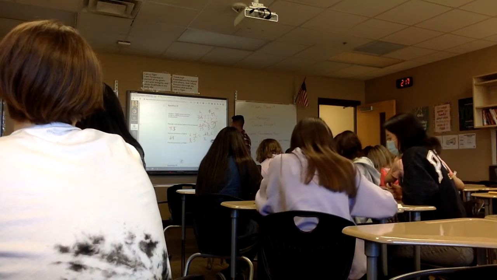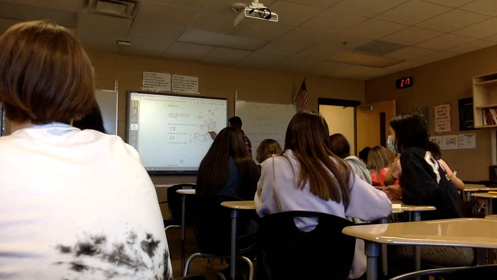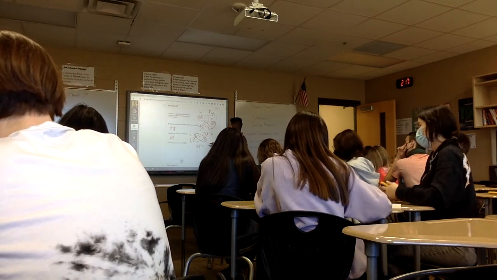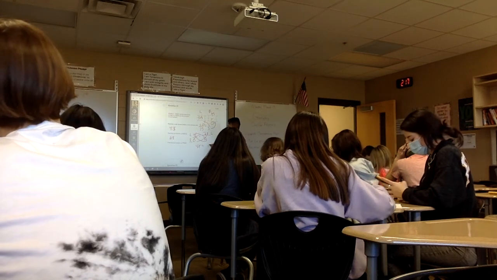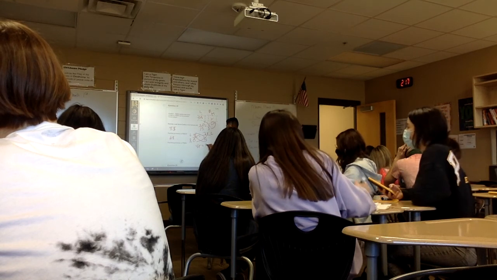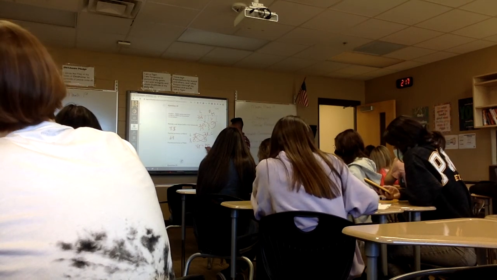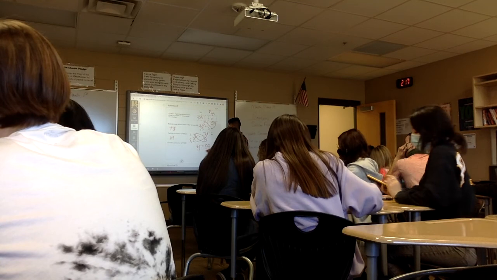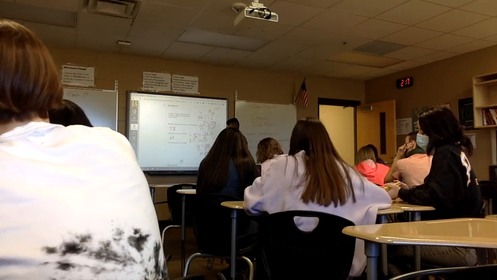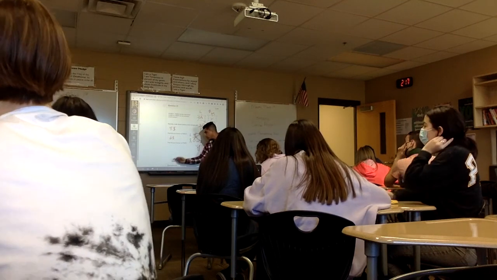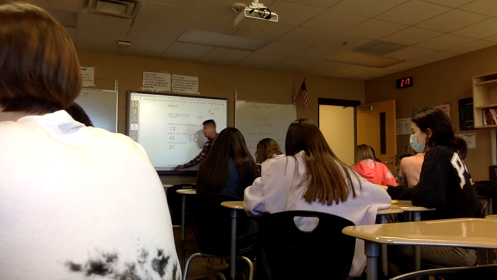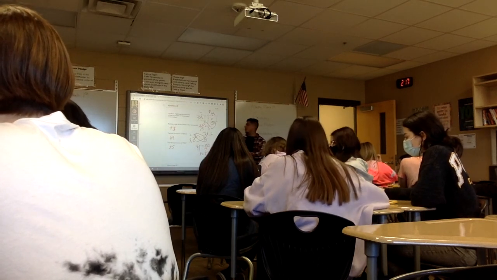That would be your X. So we can cross multiply. 4x is equal to 5 times 68. Okay, and now we can divide by 4. X is equal to 85. So that's going to be your answer for 19.